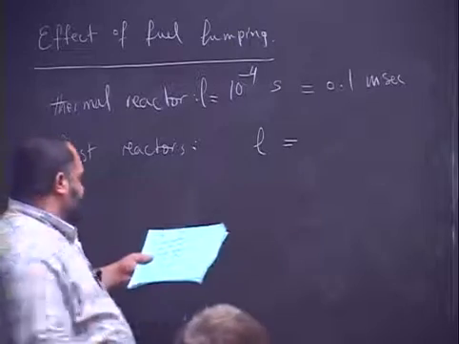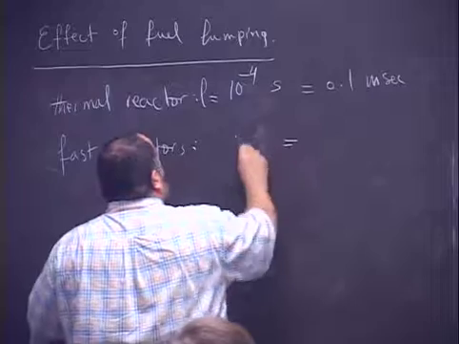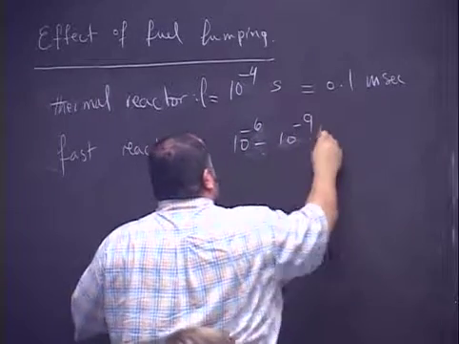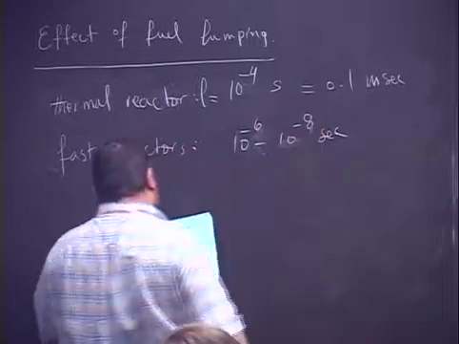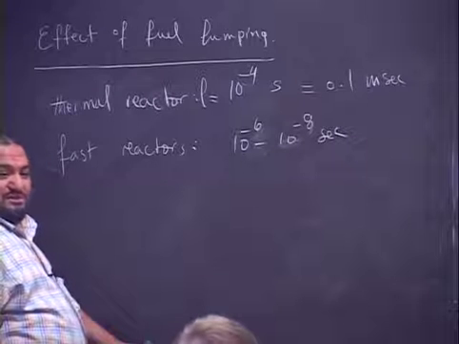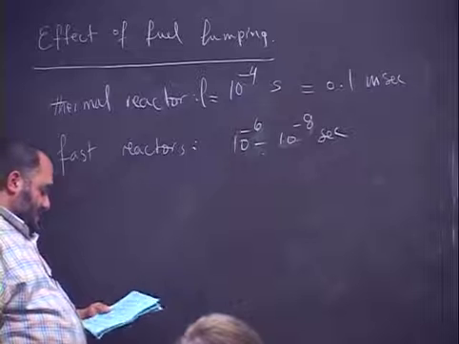So you expect this to be 10 to the power of minus 6 to 10 to the power of minus 8 second. So that is 4 orders of magnitude difference between thermal reactors and fast reactors.